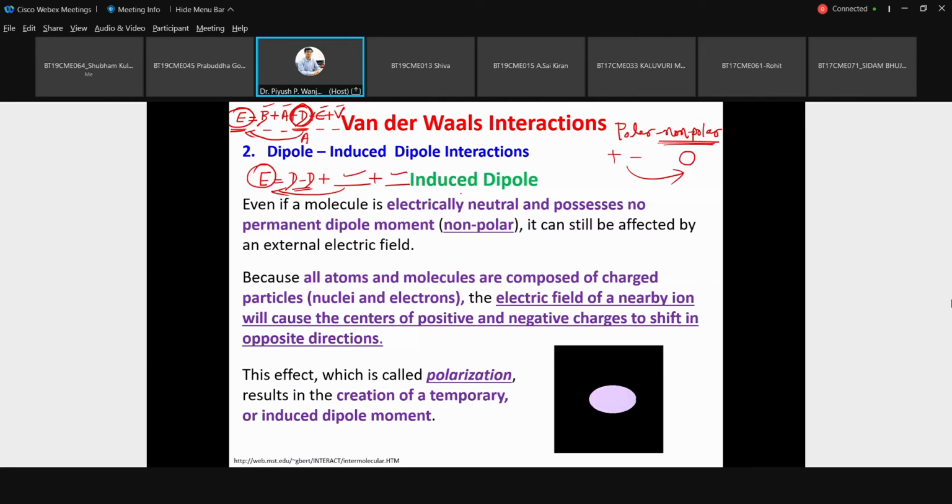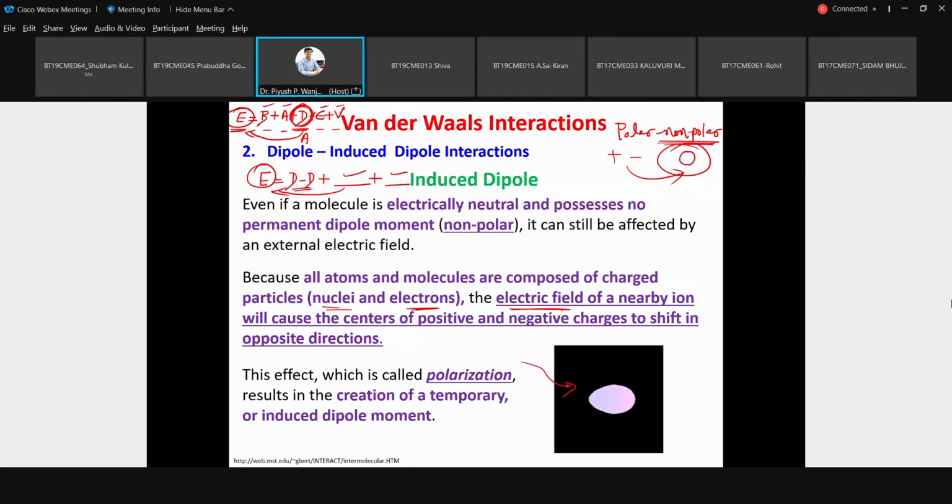This kind of induced dipole you can also consider. These are theoretical things, where we know that non-polar molecules do not have their own dipole moment. But how is it theorized? Even though the entire thing is neutral, it is made up of nuclei and electrons. So what this theory says is that in some electrical field, if something comes closer, there can be some fluctuation.